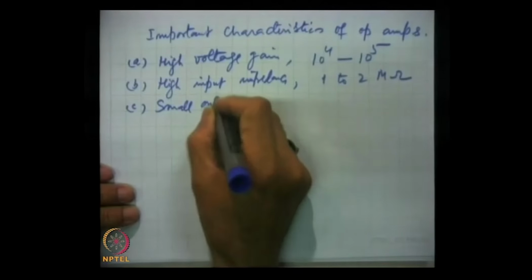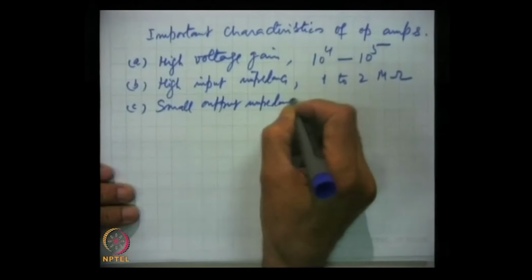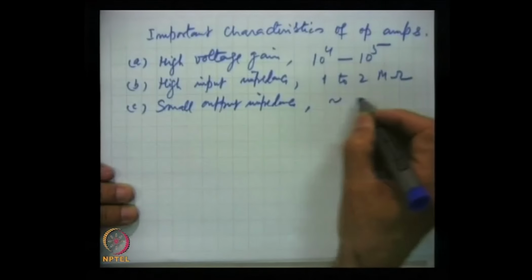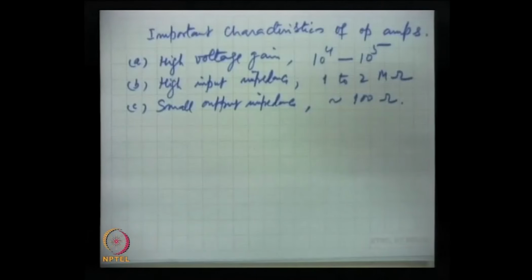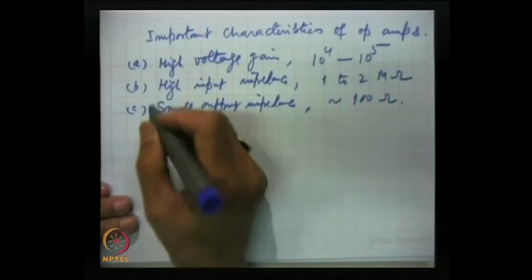So, a small output impedance, around 100 ohms or so. Then large bandwidth.